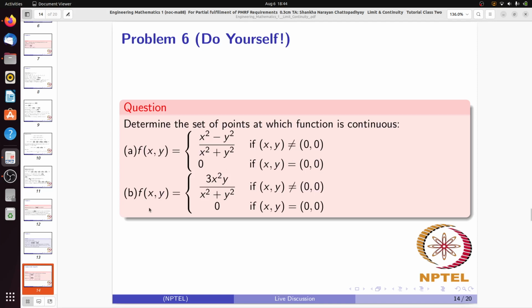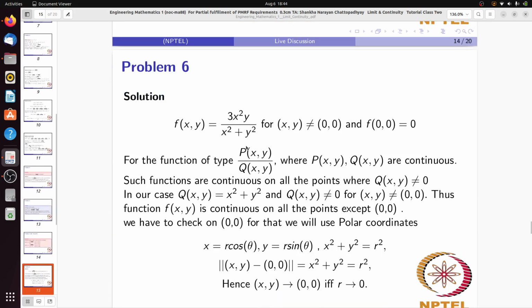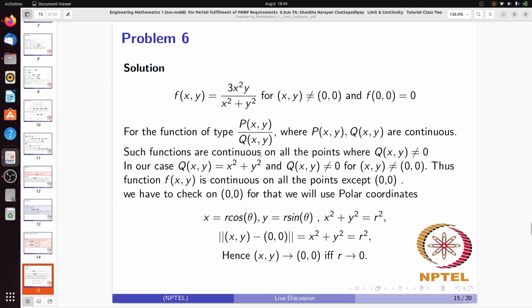And f(x,y) equals 3x square y over x square plus y square for (x,y) not equal to (0,0), and f(0,0) equals 0. For functions of type p(x,y) by q(x,y), where p and q are continuous, such functions are continuous at all points where q(x,y) is not equal to 0.